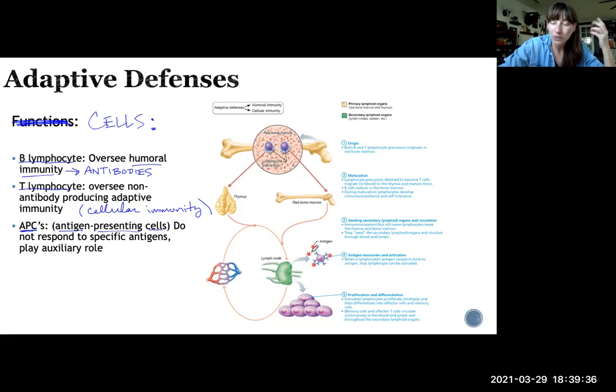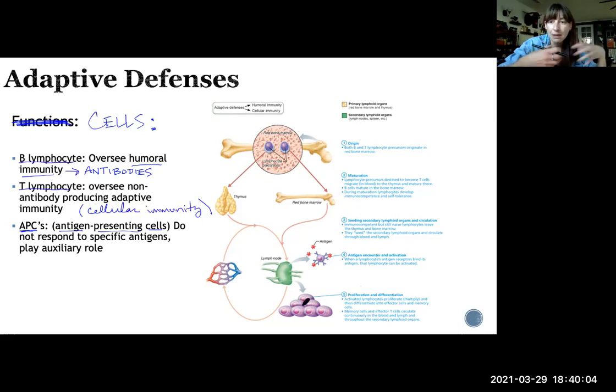When they find that antigen and it binds to their receptor, then you have activation, okay? So once a lymphocyte, B or T, is activated by receiving its antigen, it is now considered fully mature. It's no longer naive. Now it's competent, and now it will basically reproduce.